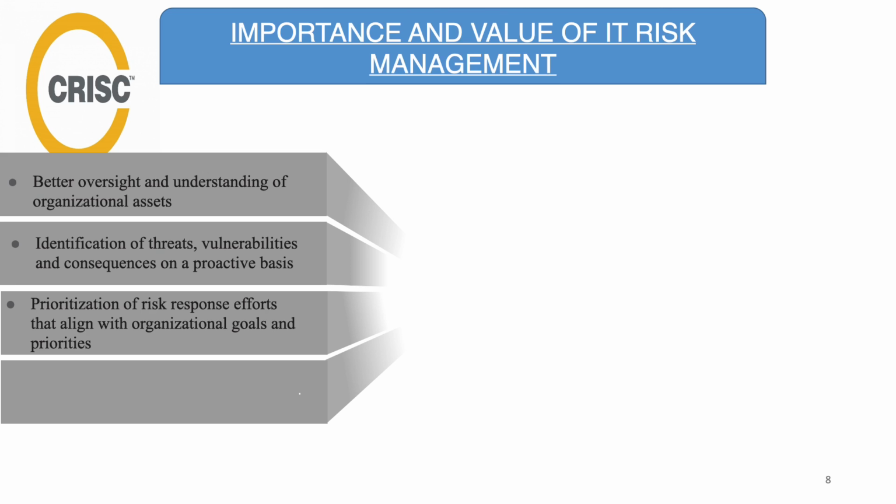Right? Further ahead, prioritization of risk response effort that is aligned with the organization's goals and priorities. Let's get it more clear. In this, what happens is prioritization of risk response actions that are aligned with the organization's goals and priorities. At this stage, compare, prioritize, and rank risks by determining their possibility of occurrence and their subsequent impact on an information system.